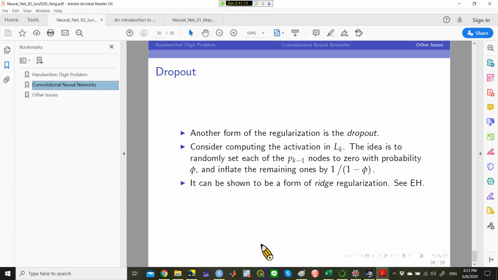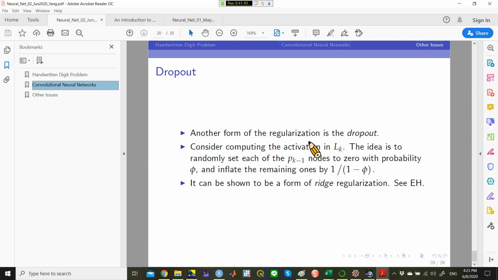For each layer, we randomly select several nodes and drop them out. When I say drop them out, I mean that in this round of the computation, I set the values of those activations to 0.